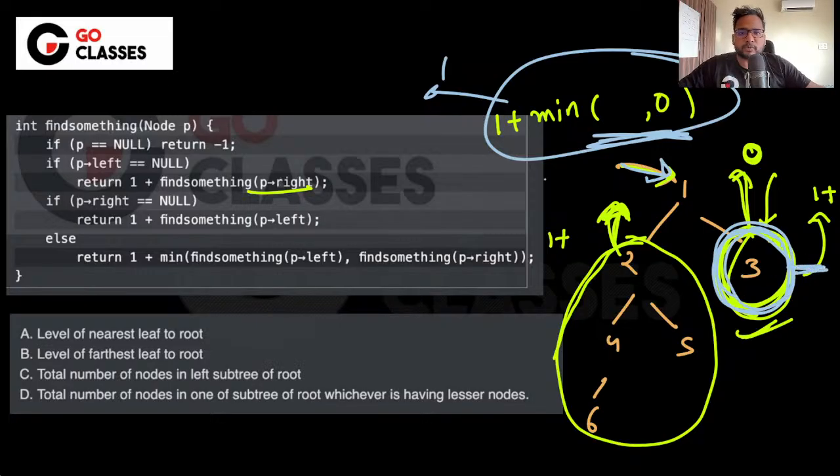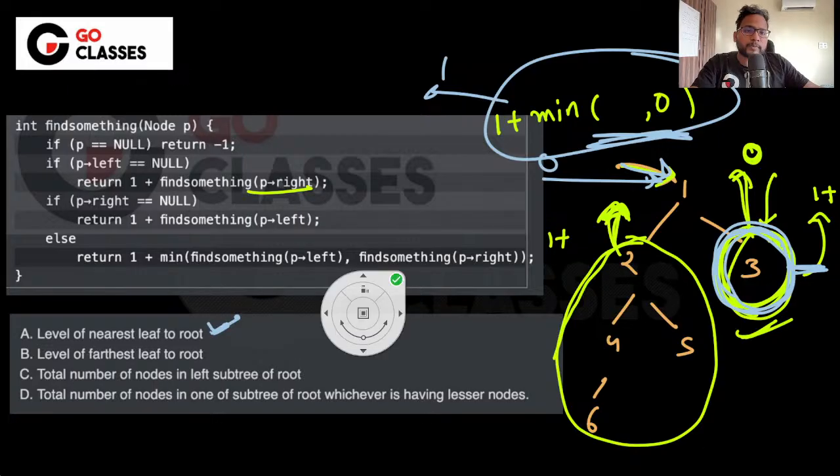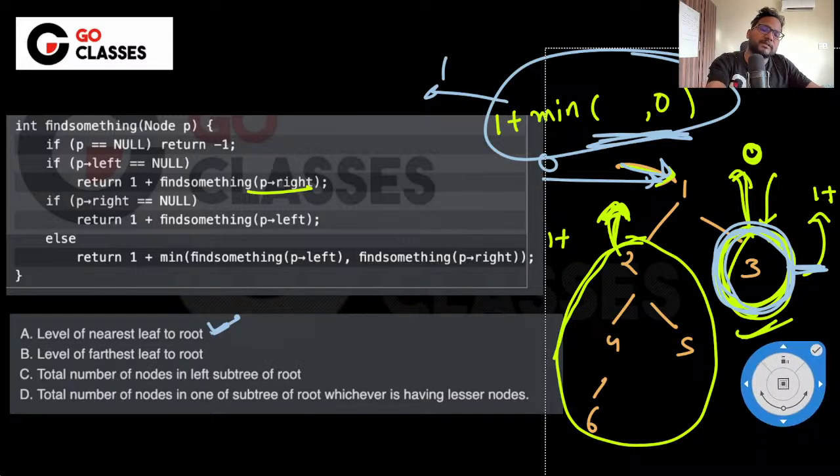If this is assumed to be on the 0th level, then this is on the first level, right? So label of nearest leaf to the root. So yes, it seems to be true, but let's execute on this also. Okay, and then let's see what should be the answer. So let's execute on the complete tree. Most probably A is the answer, but we will be executing on the complete tree to finalize that this is the only answer.